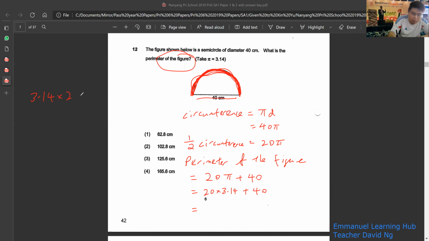Okay, right now I don't have 3.14 times 2. I have 3.14 times 20. Agree? 62.8.